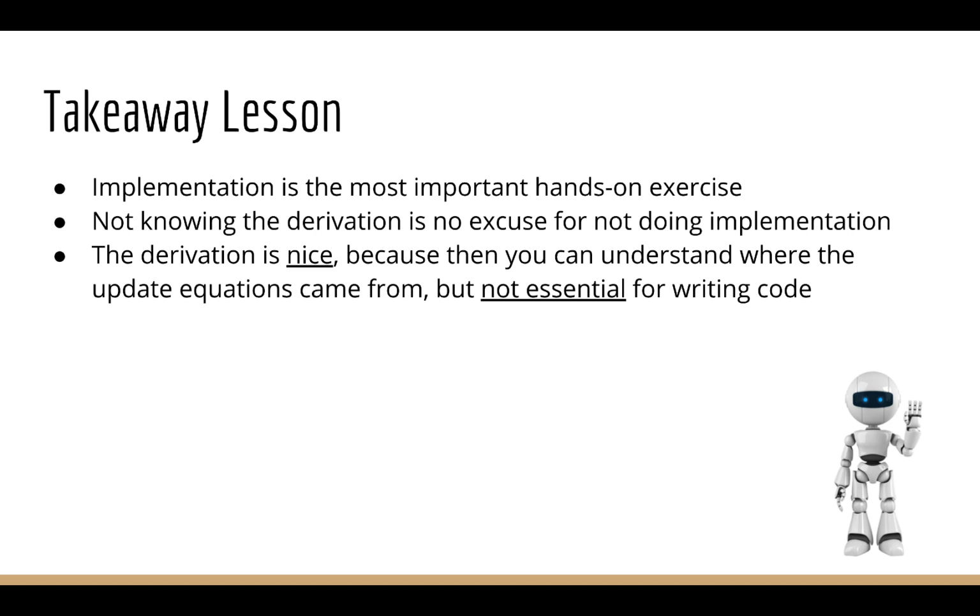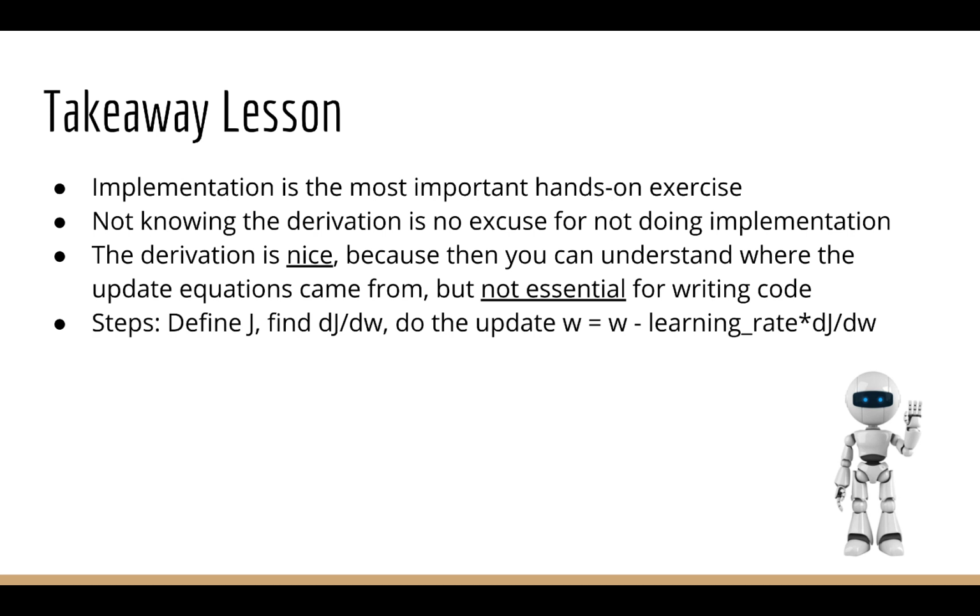The steps are the same as always, as they have been since we learned about linear regression and logistic regression. We set up a cost, call that J. We find the gradient of J with respect to the parameters of the model. We then do gradient descent in a loop using the gradient we found. That's the big picture. Don't forget that.